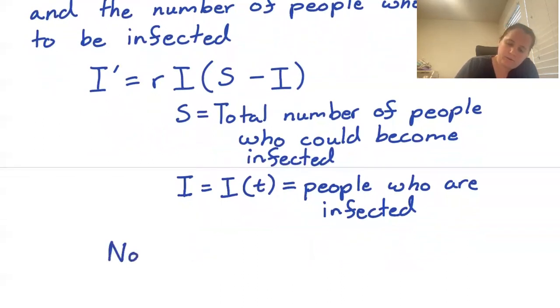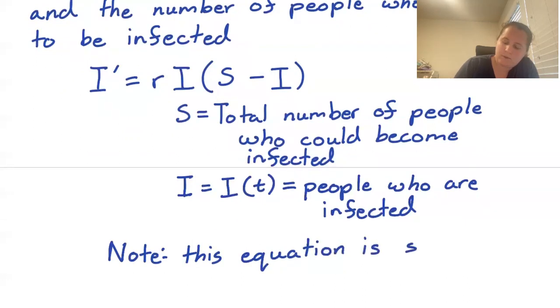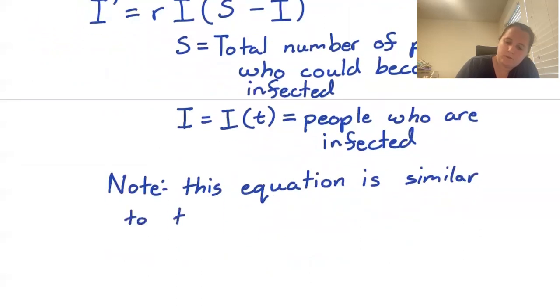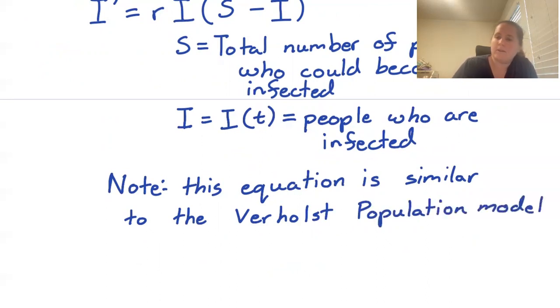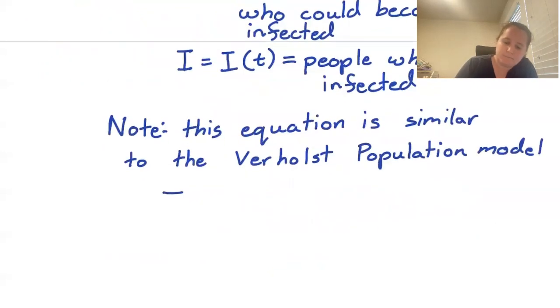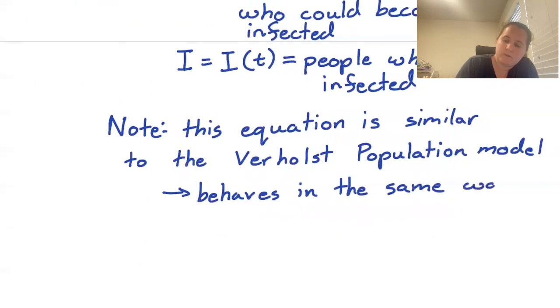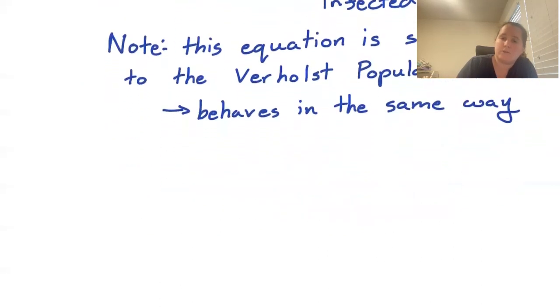So note this equation is similar to the Verhulst model, and so it behaves in the same way. We wind up getting essentially the same solution curves.